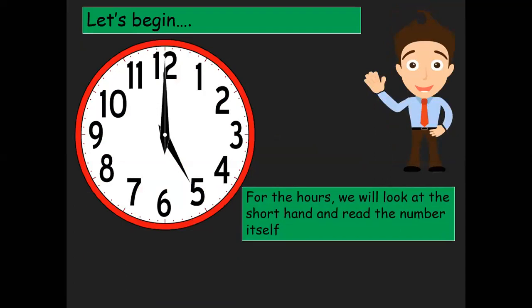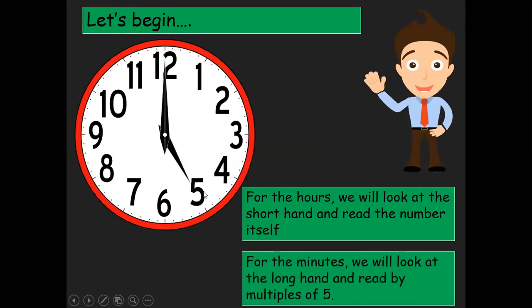Also, take note that for the hours in the analog clock, we will look at the short hand and read the number itself. So in this example, the short hand is pointing at 5. So the hour time will be 5. While for the minutes, we will look at the long hand and read by multiples of 5. So in here, it points to the 12, but we will not use 12 for the minutes. We are going to read by the multiples of 5.